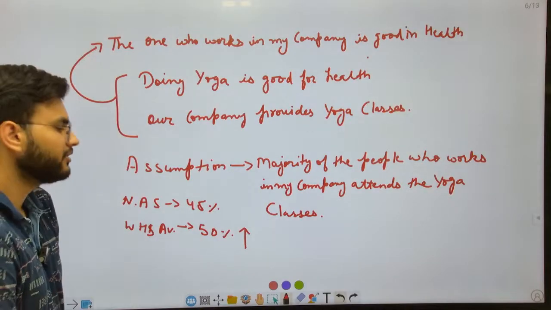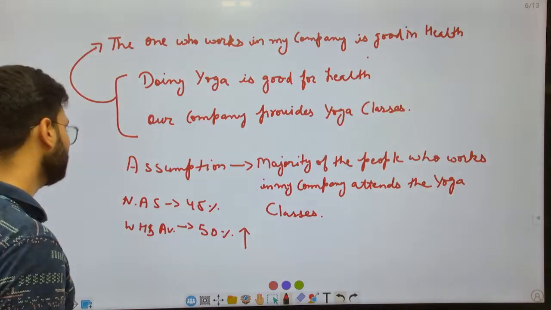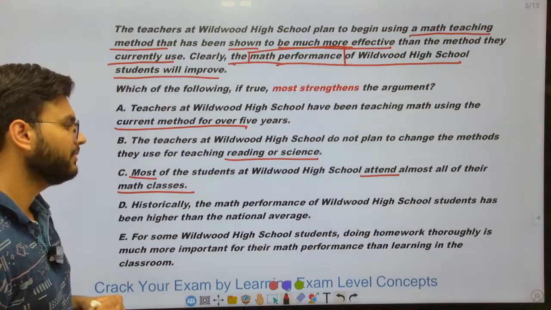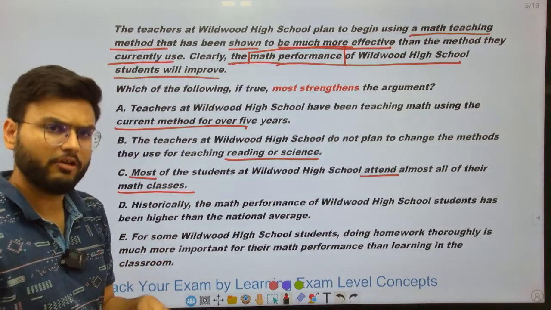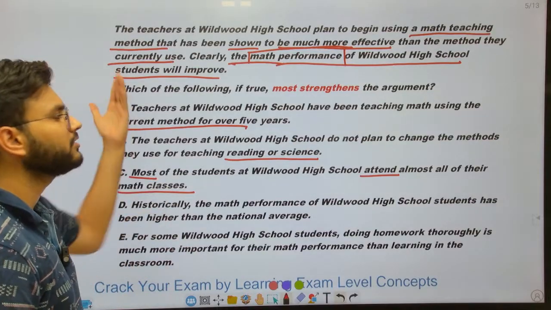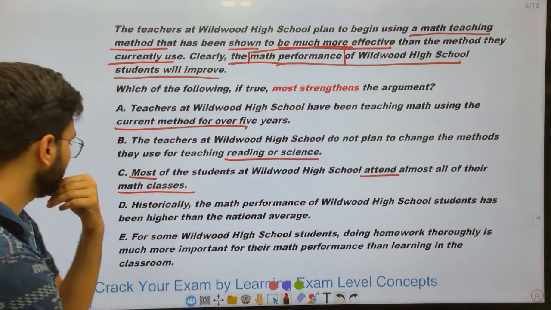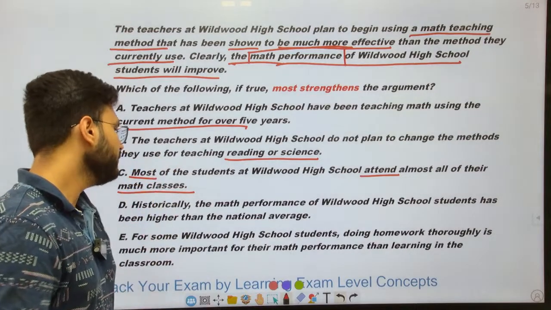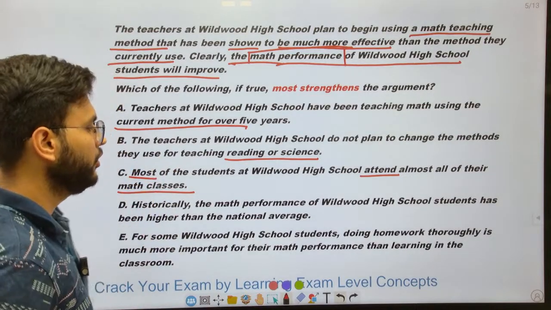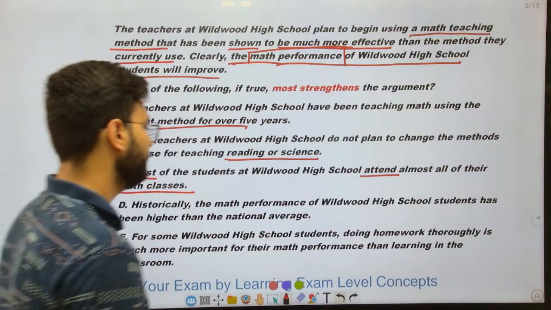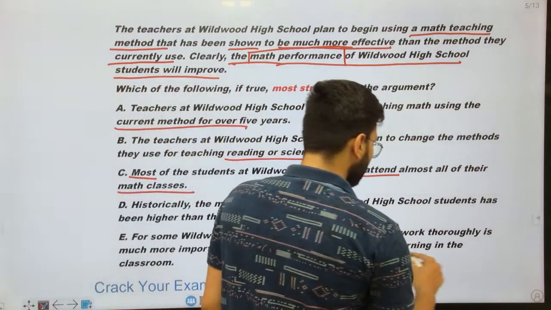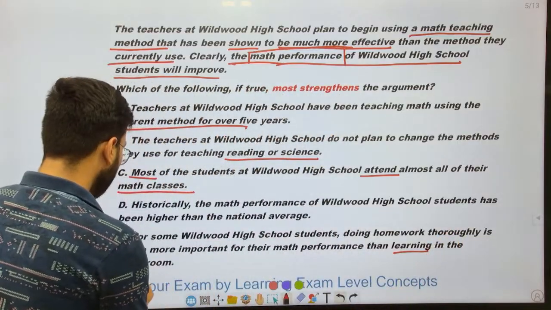It does not support my argument in this form, that if something is higher than the national average, it cannot be improved. It can also be improved. So it does not support my argument. Next, for some Wildwood High School students, doing homework thoroughly is more important for their math performance than learning in the classroom.